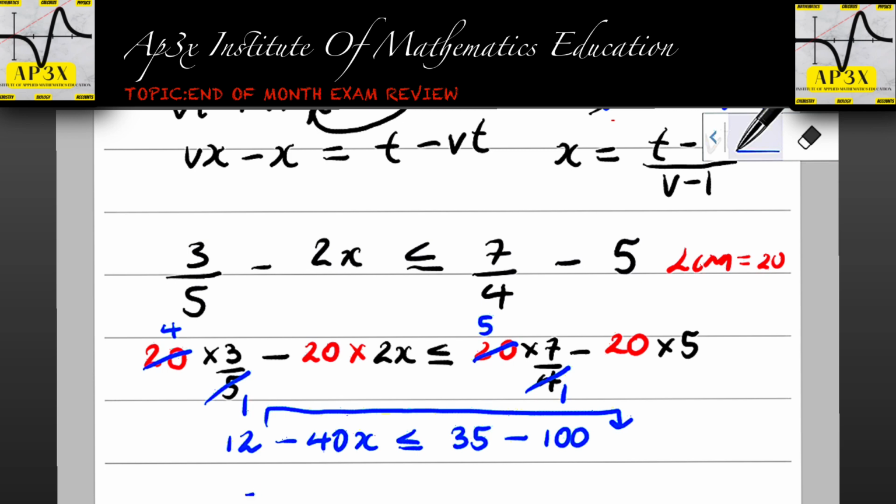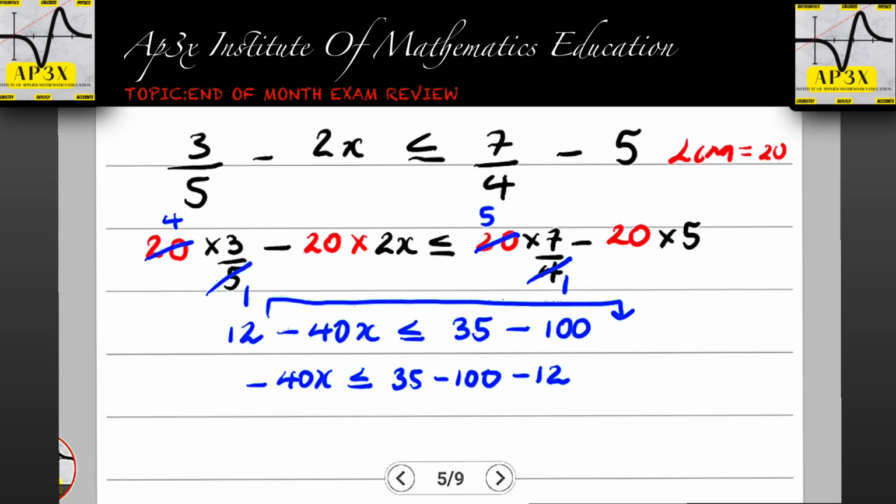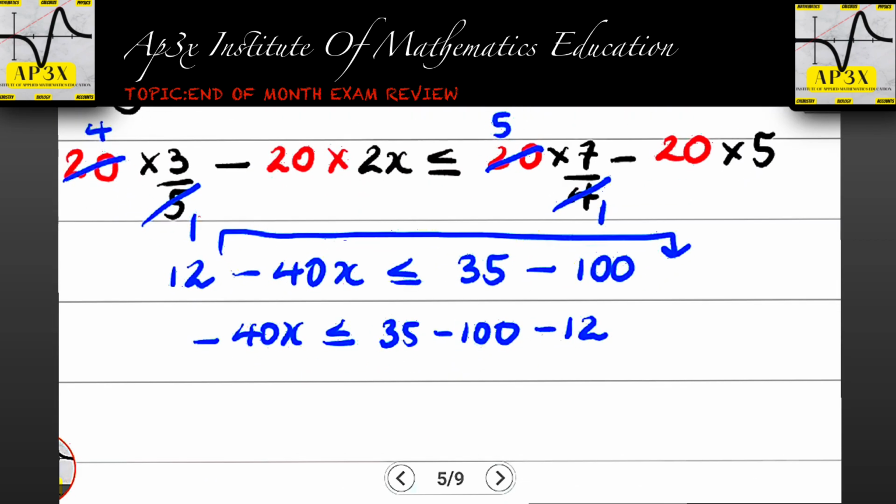And so we're going to end up with negative 40x is less than or equal to 35, take away 100, and of course, positive 12 becomes minus 12. So therefore we can go ahead and work this out.